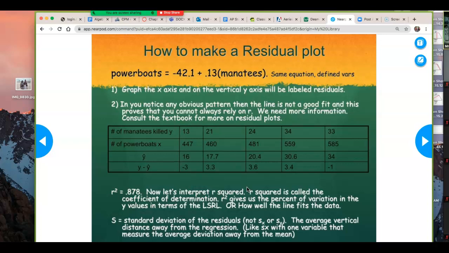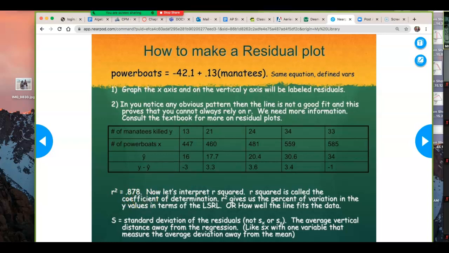R squared is called the coefficient of determination. R squared gives us the percent of variation in the y values in terms of the least squares regression line. Or again, like I said, how well the line fits the data. So this number is interpreted as a percentage. 0.8 is pretty close to 0.88.